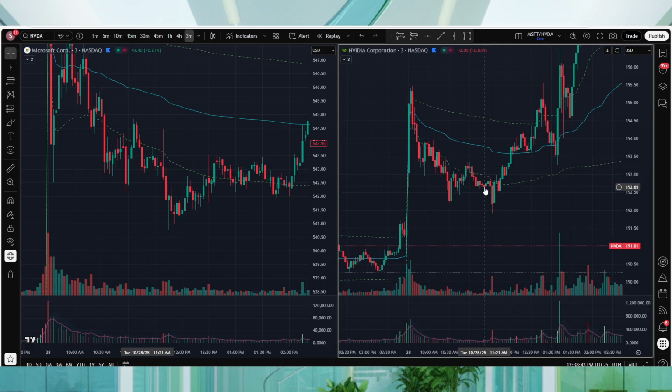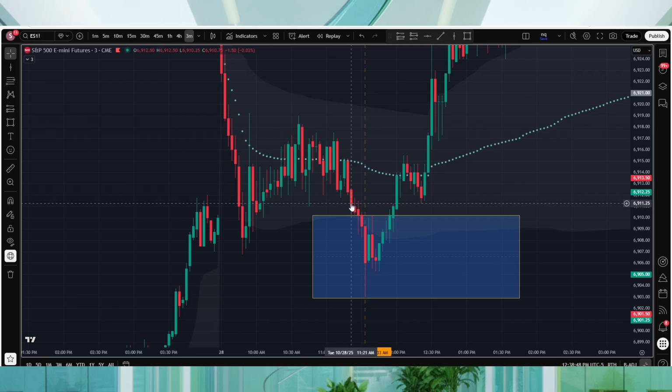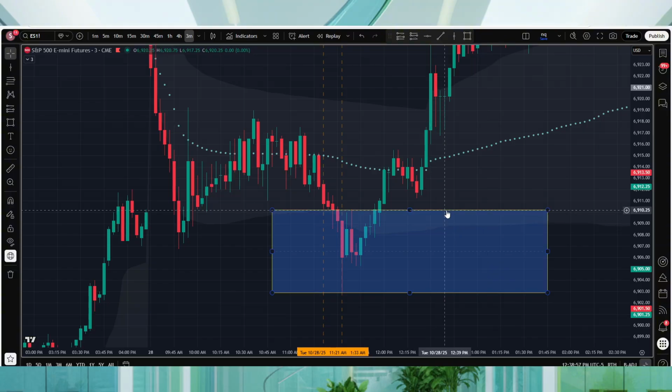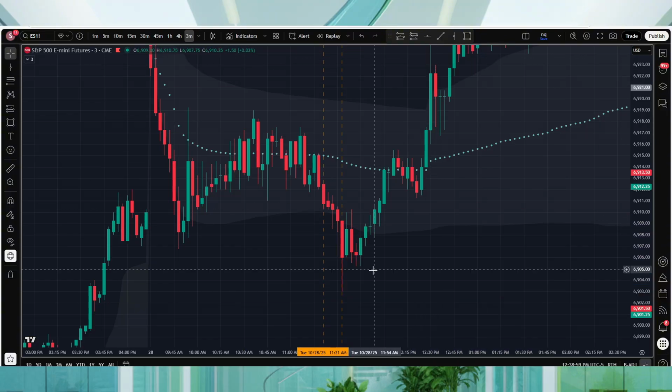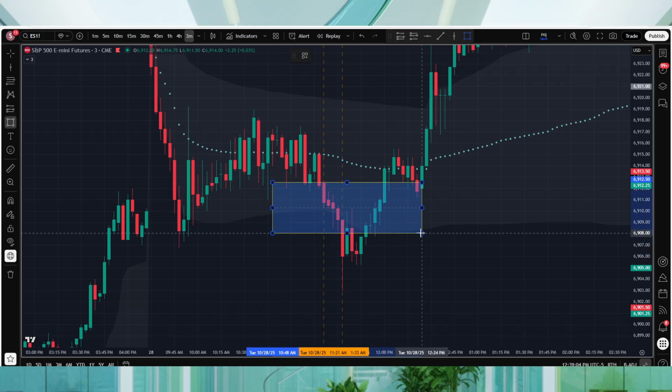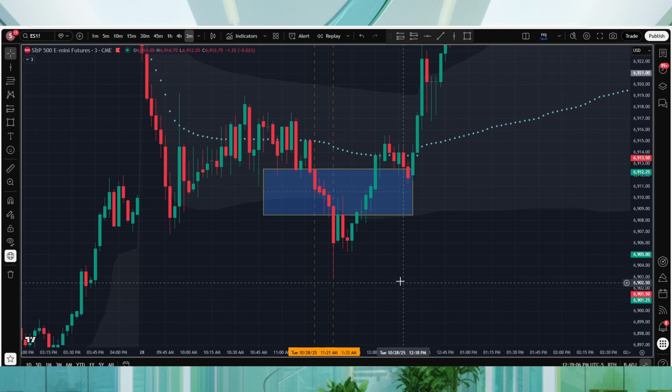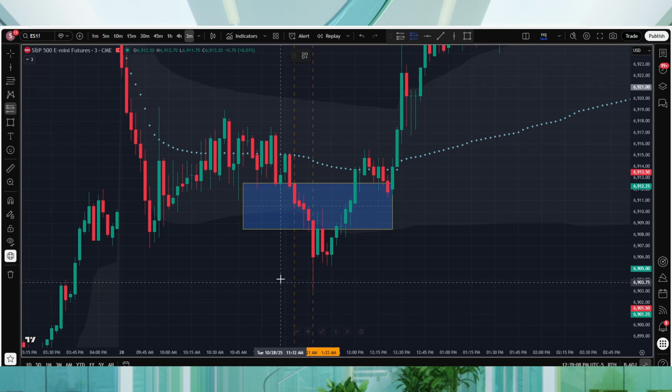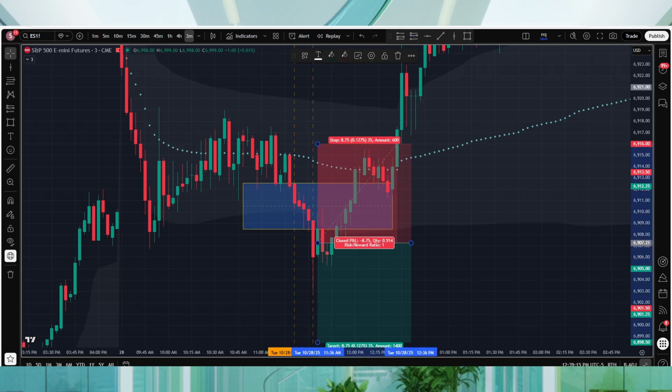Our first signal is actually 11:21. So 11:21. All right. So 11:21, we get a very big move here. So I'm waiting for some kind of retracement, right?